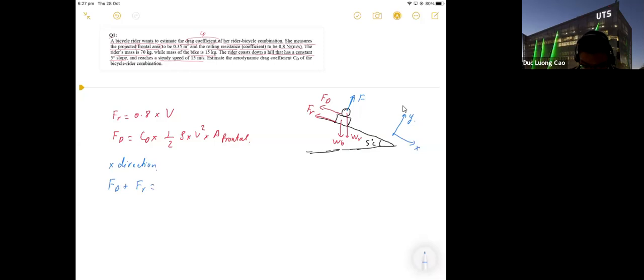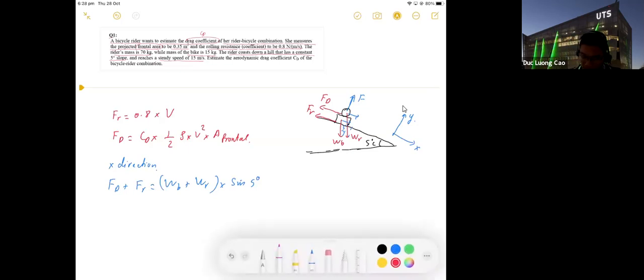The downward force will be equal to the weight of bicycle and weight of rider times sin phi, where phi is the angle. Upward force equal to downward force, so you will have this equation with sin phi.